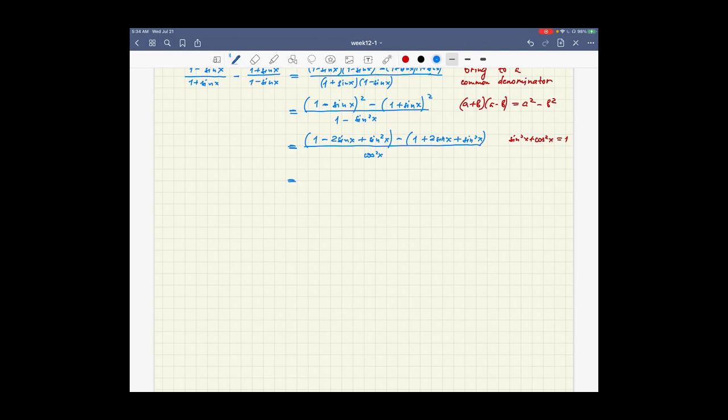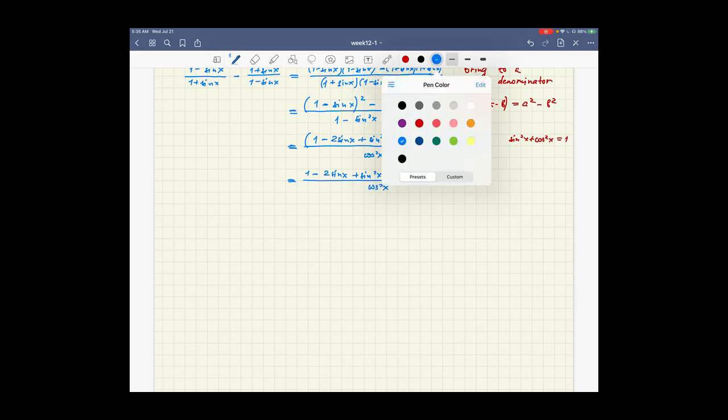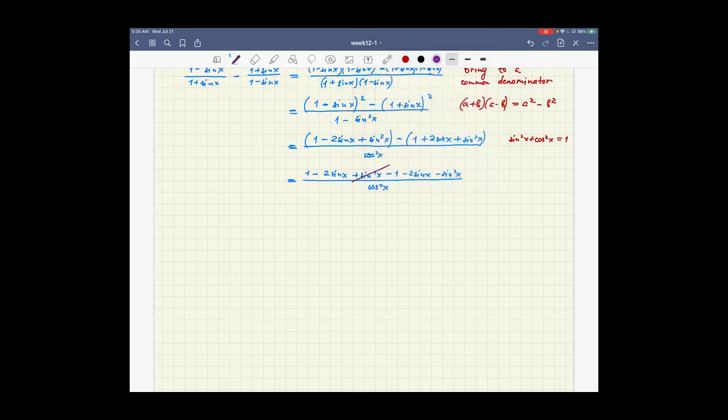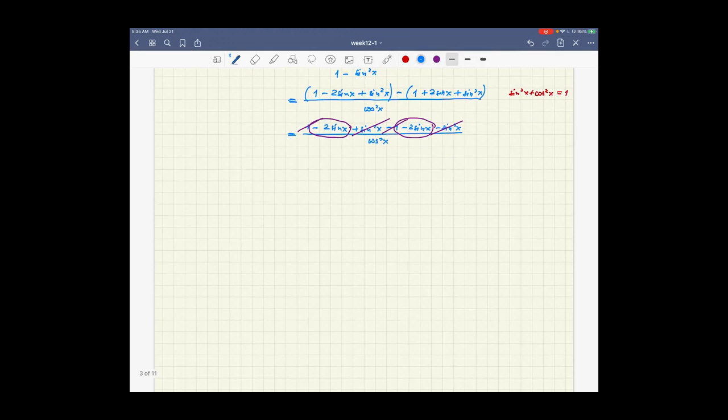So if I expand the parentheses, it'll be 1 minus 2 sine x plus sine squared x minus 1 minus 2 sine x minus sine squared x over cosine squared x. Now combining the like terms, we see that sine squared and negative sine squared cancel out. 1 and negative 1 also cancel out. And I get negative 2 sine x and negative 2 sine x, which is negative 4 sine x.